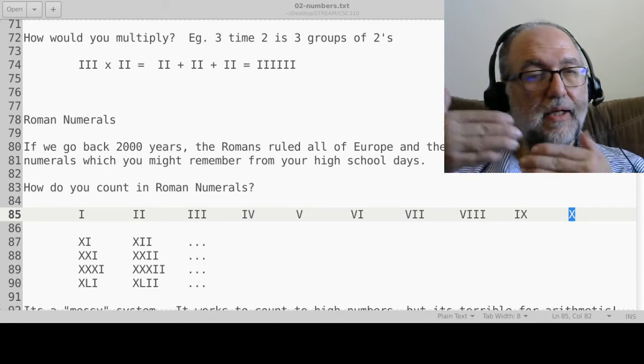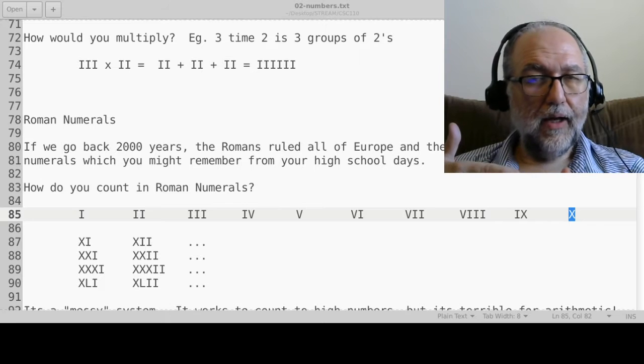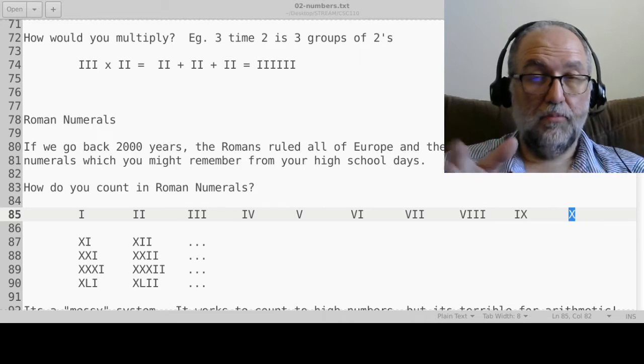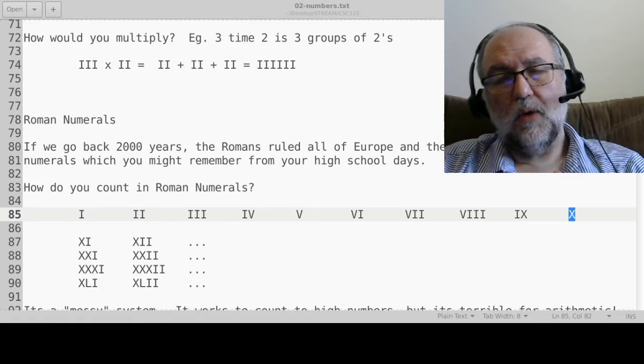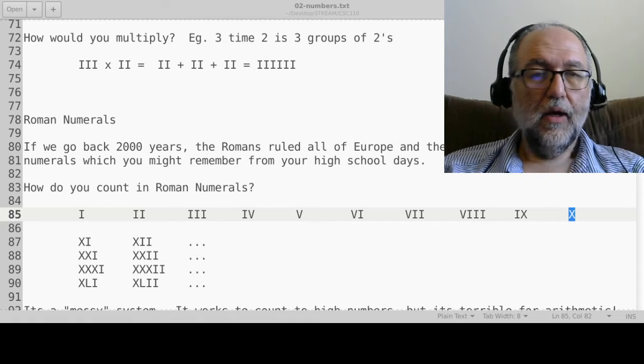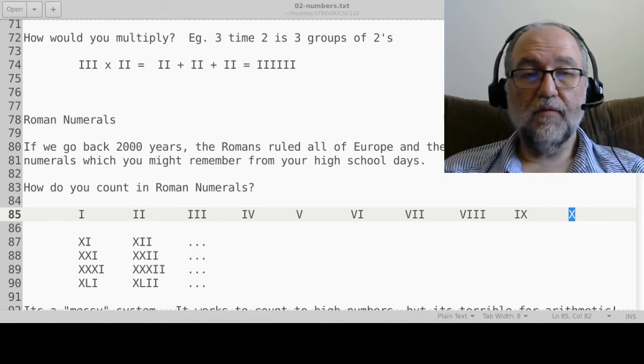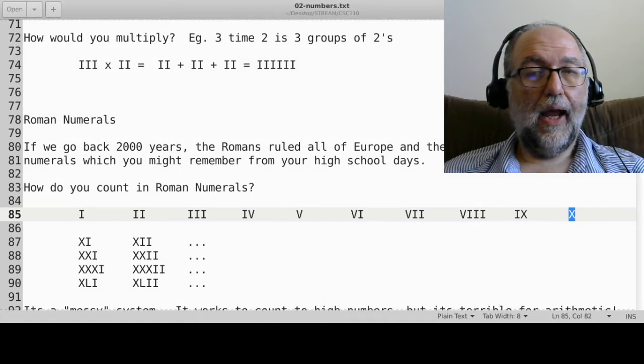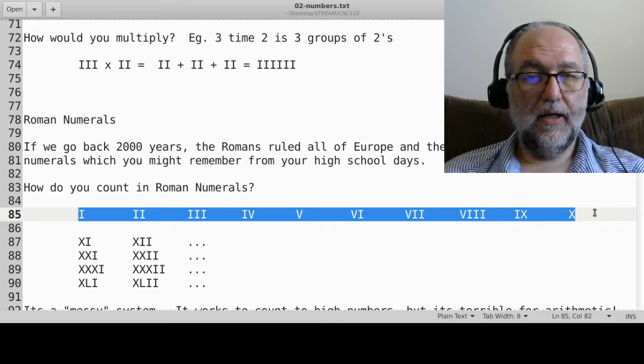Okay, so they counted a little bit using the stick method, but then they anticipated what was coming next. Okay, now why? What problem did this solve? This solved the problem of big numbers. Okay, and so this is counting to 10.